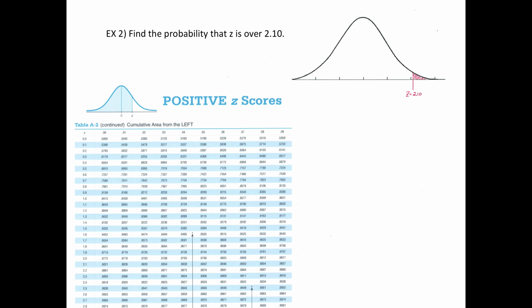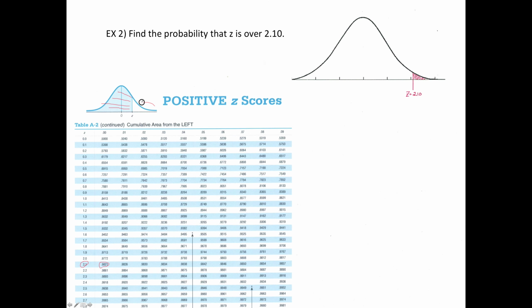Next, what's the probability that it's over 2.10? That would be shading to the right. Notice that that is a very small area, so the answer should be very small. Again, look up the z-score. That's going to be 2.10, with 0 in the first column. So 0.9821. But 0.9821 is for all of this area to the left.